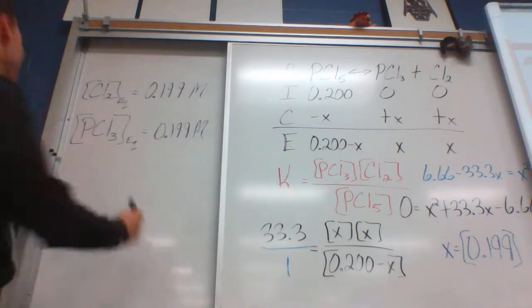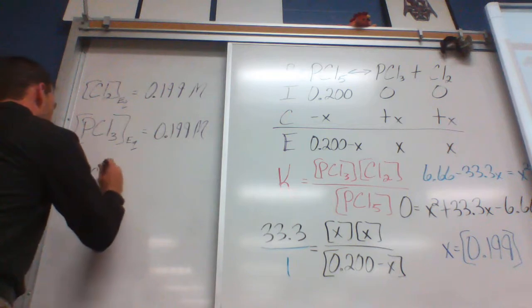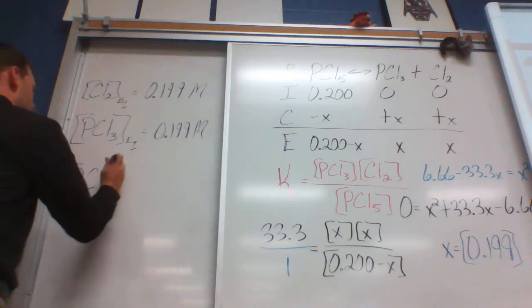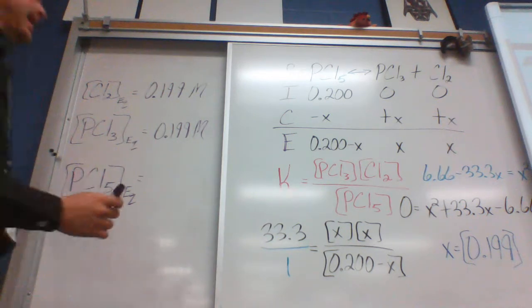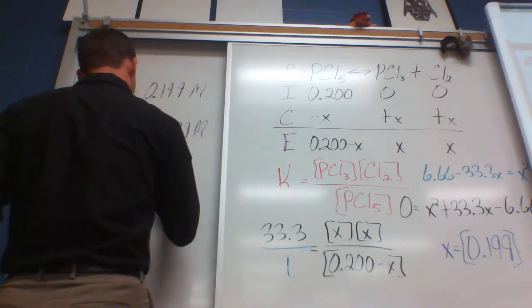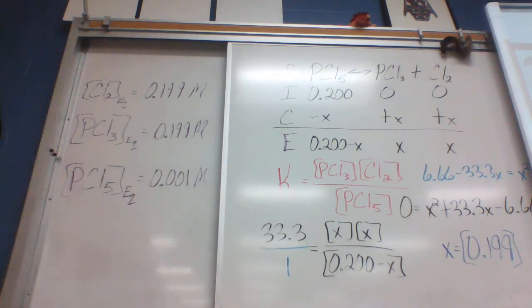And then the PCl5 is a little different, because you have to subtract. 0.2 minus X is going to be 0.001. Questions?